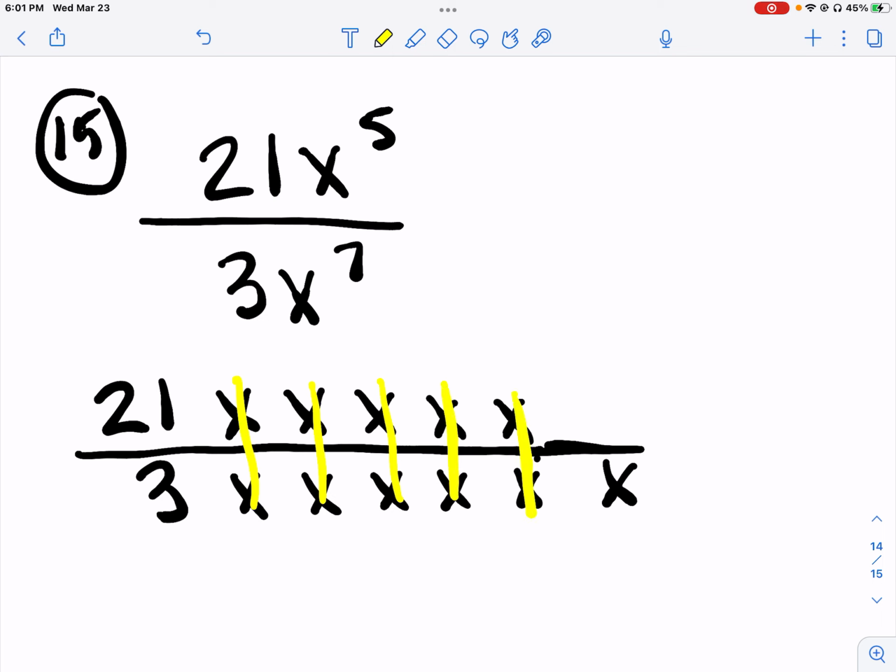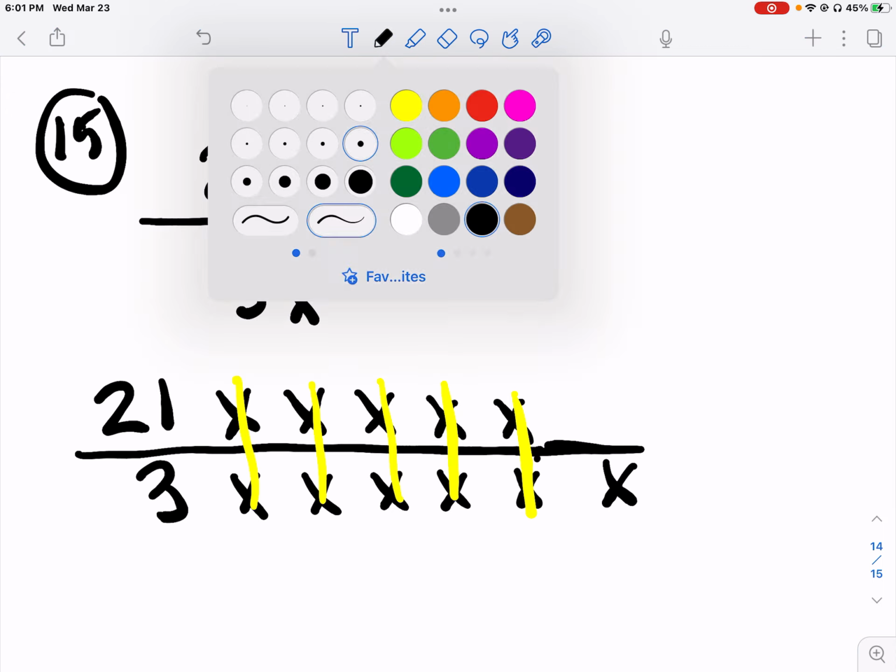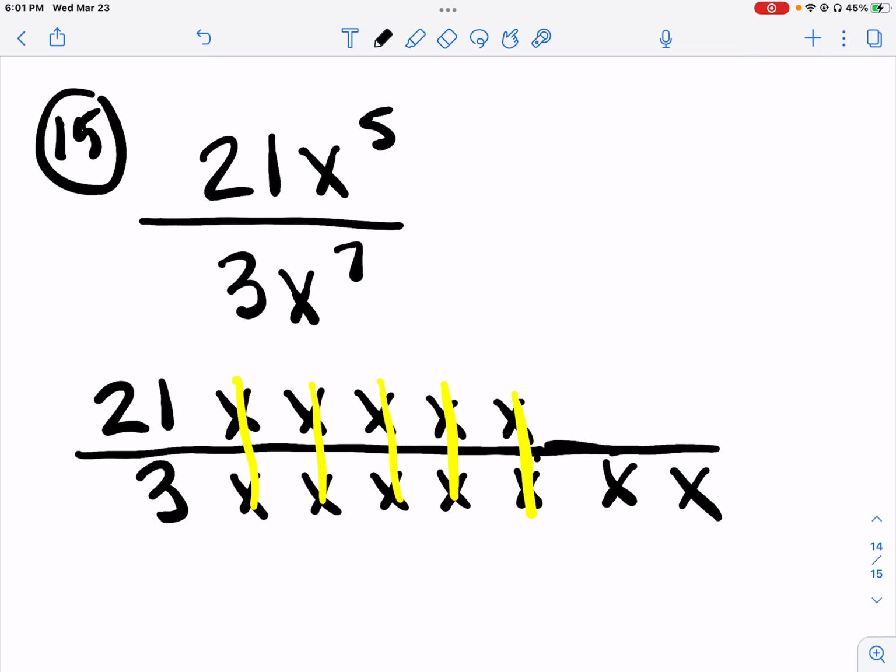Obviously counted wrong on bottom, 1, 2, 3, 4, 5, 6. Okay, there's 1, 2, 3, 4, 5, 6, 7. Apparently I can't count. All right, so 5 cancel out.